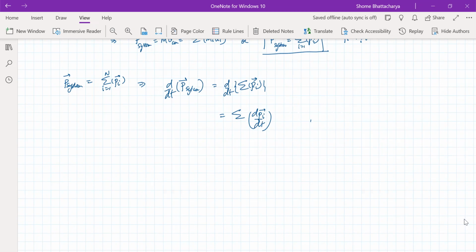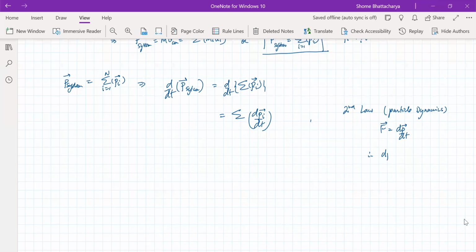Now, by Newton's second law applied to a particle, the net force on a particle is equal to the rate of change of its momentum.